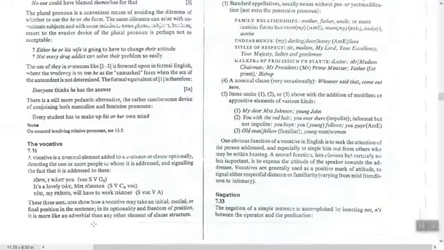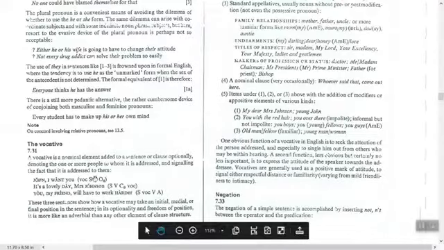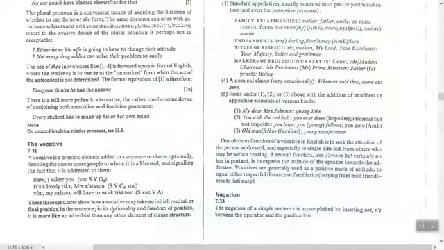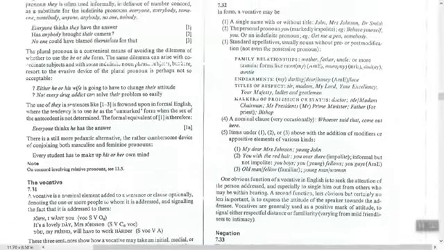Okay, so vocative is similar to adverbs in its position and optionality. You know that adverb is optional. Generally speaking, when we say it is optional, you can delete it. And you know the position of adverb: some adverbs come at the beginning, in the middle, and in final position. Here is the same thing with vocative.